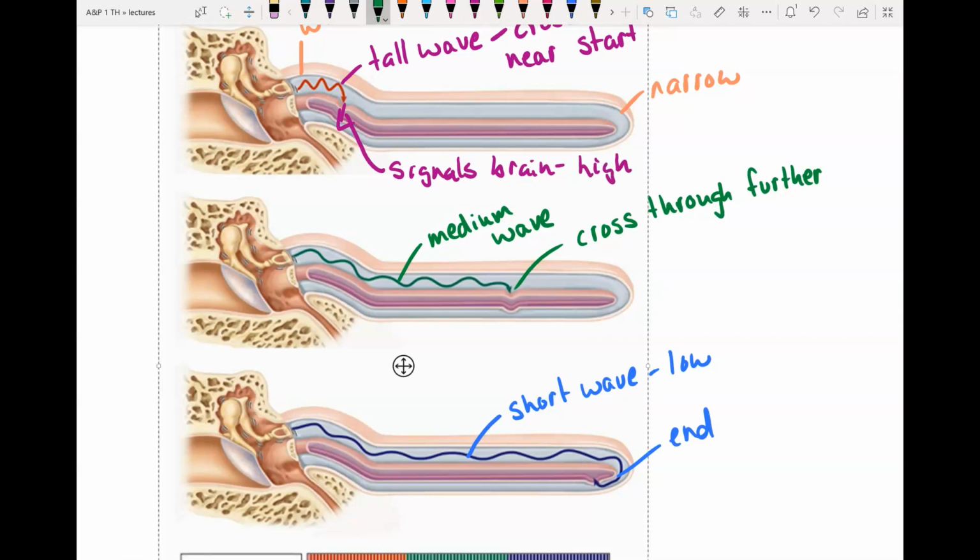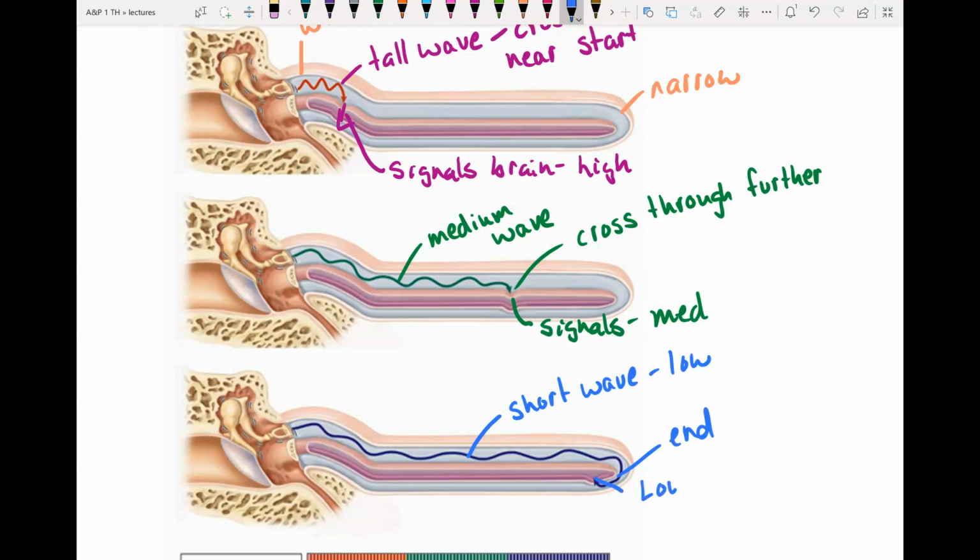When this cilia signals the brain, your brain knows it is a medium sound. And when this cilia signals the brain, your brain knows it is a low sound. So when you hear a high-pitched squeal, that is the cilia here at the beginning, telling you that high-pitched squeal. When you hear James Earl Jones narrating, that's coming from down here, that really deep voice.